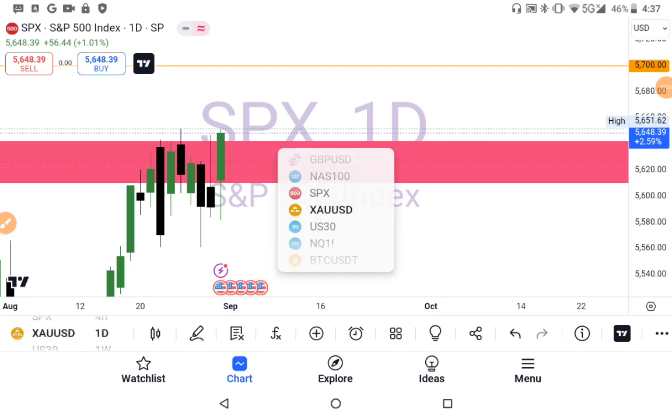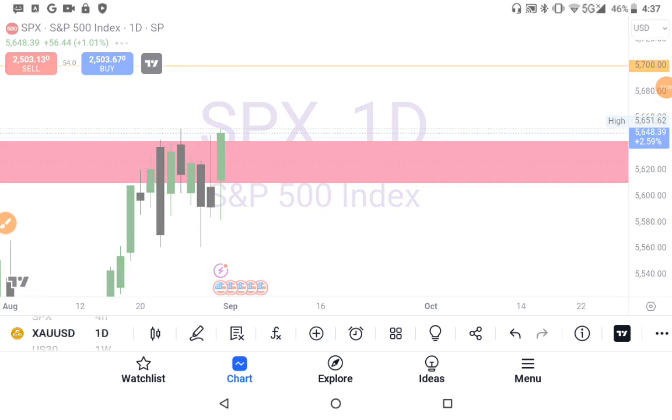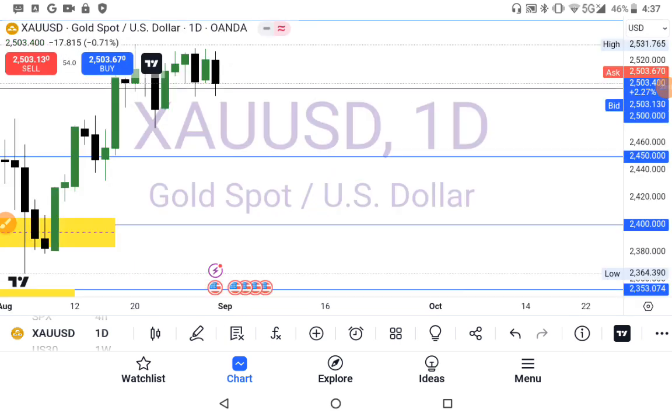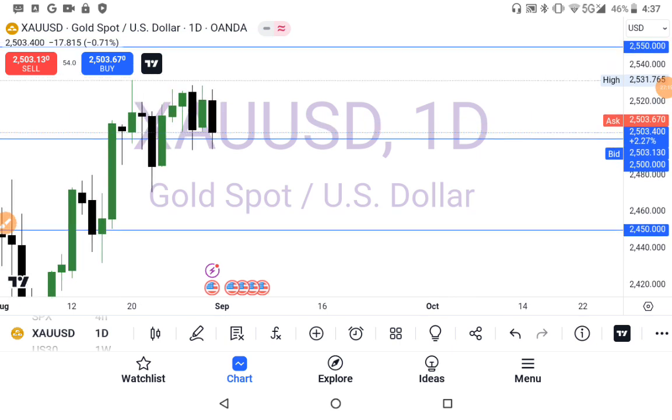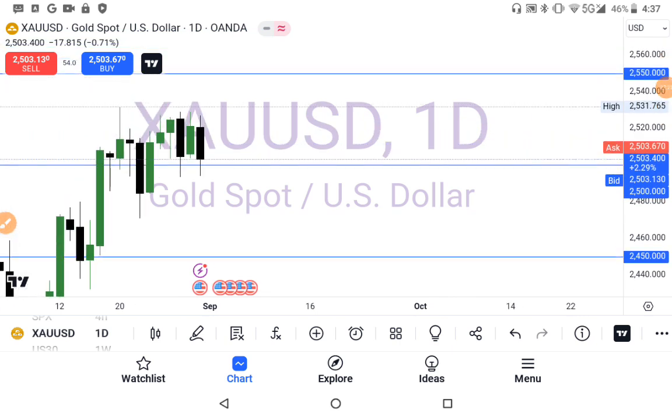I've been away from gold for a while, but I do check on gold from time to time. I'm suspecting that we should see a movement into either 2,500.